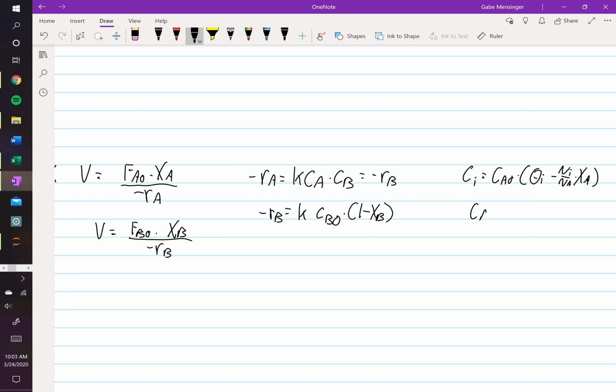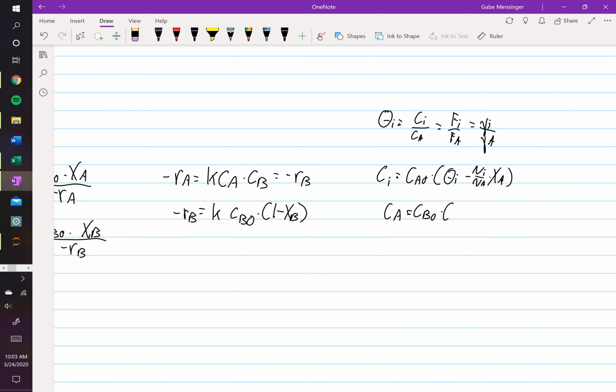So in this case CA is going to be equal to CB naught times 20 over 3, because theta I could be either Ci over Ca, or Fi over Fa, or even Yi over Ya. But we're given concentration, so we're going to use that. So we have 20 over 3 minus, and since it's 1 to 1, that term just goes to 1, minus XB. So we have CB naught squared times 1 minus XB times 20 over 3 minus XB.